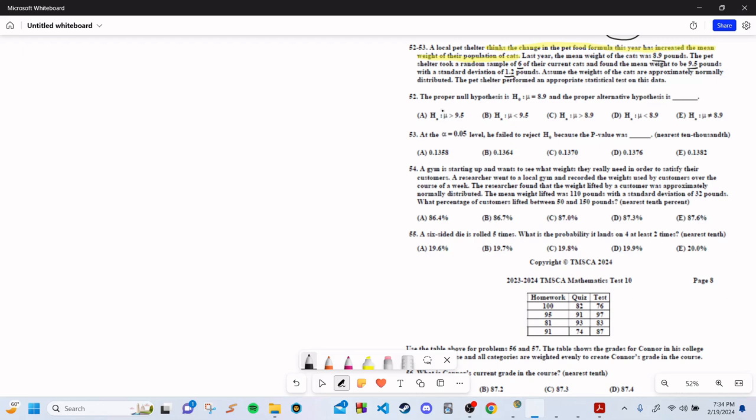Okay. So 52 says that the proper null hypothesis is that the mean is, okay, so this right here, statistics terminology, this symbol mu, that means mean. And this symbol here, which I think is sigma, that's a standard deviation.